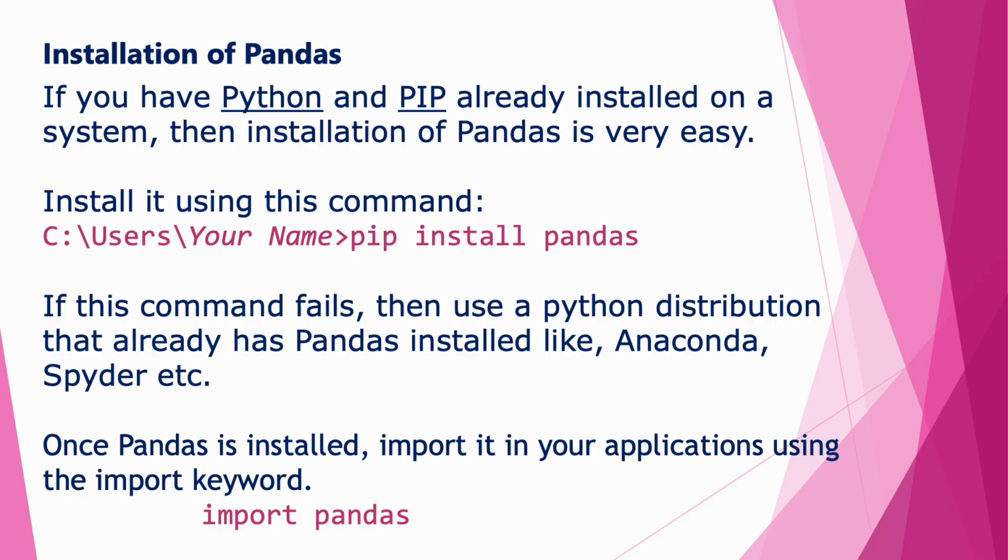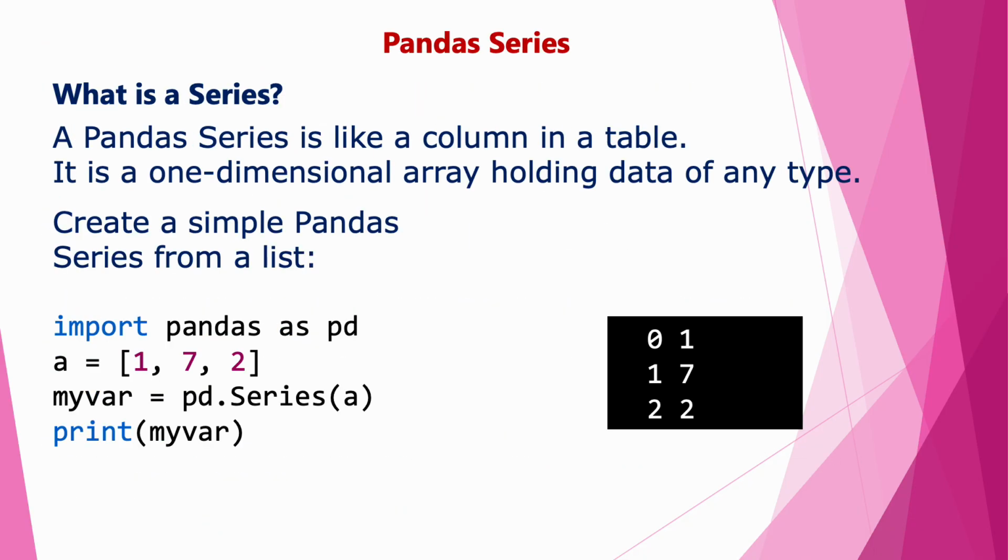And if you want to use this particular pandas that you have installed, you have to always use the import keyword, import pandas, and afterwards you can write import pandas as pd. Hereafter, pd will be used as the keyword to access the pandas library.